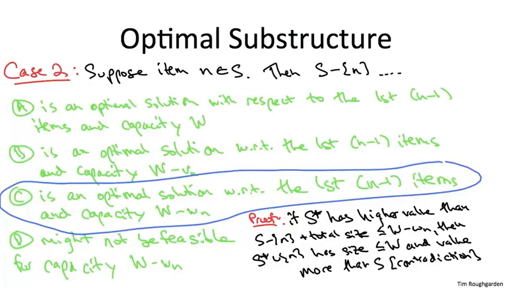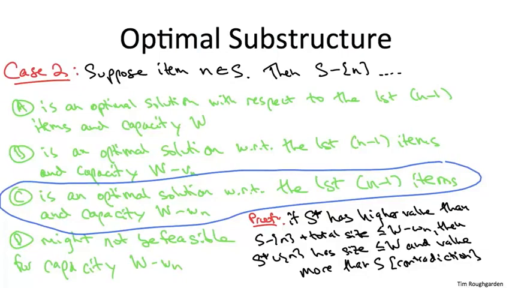Call that supposedly better solution S star. What can we do to get a contradiction? Let's take S star, which involves only the first n-1 items, and add item n to it. Since S star has total size at most capital W minus little w sub n, and item n has size w sub n, the result has total size at most capital W. So it's a feasible solution to take S star and extend it by item number n.